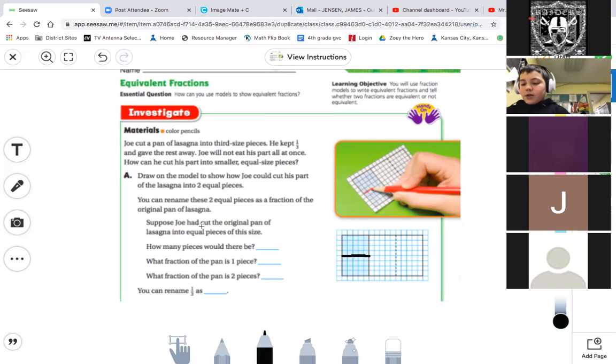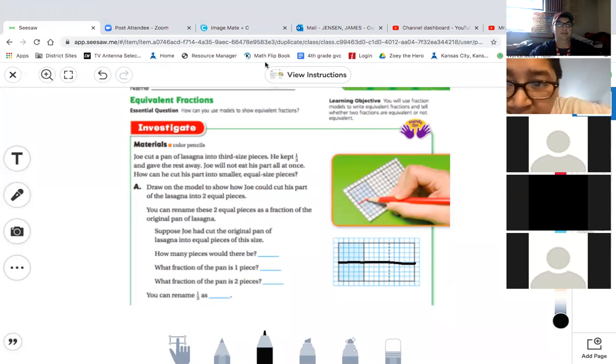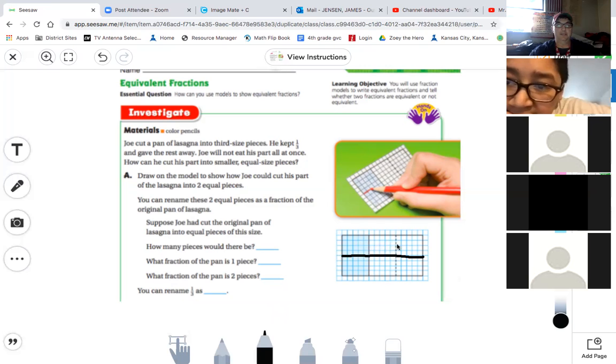Then it says, suppose Joe cut the original pan of lasagna into equal pieces this size. So what if he cut the whole thing into pieces that size? Then it would look like this, right? How many pieces are there now? If you look at the lasagna pan, how many pieces are there now, Daniel? 6. 6, right. And then what fraction would be 1 piece here?